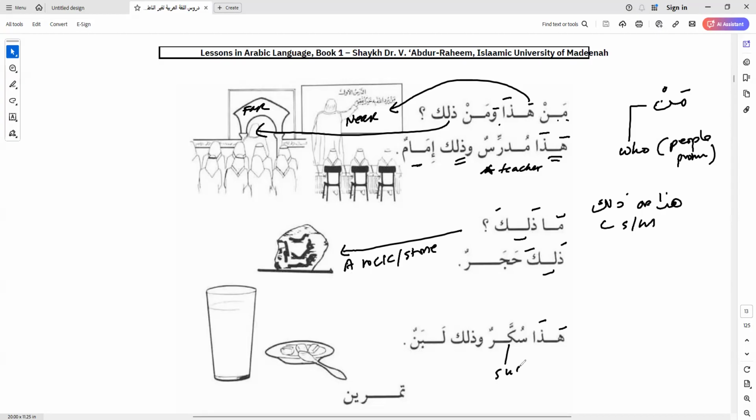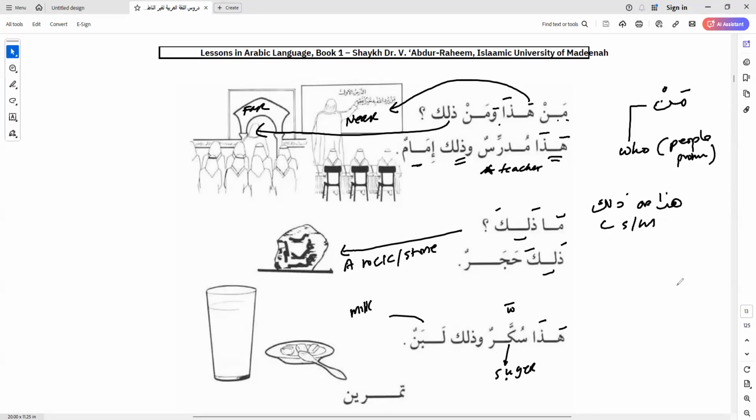The two words sound familiar, right? Sukkar and then sugar. There's a shadda here. Shadda plus fatha. هذا سكر وذلك لبن. Now, لبن, milk.